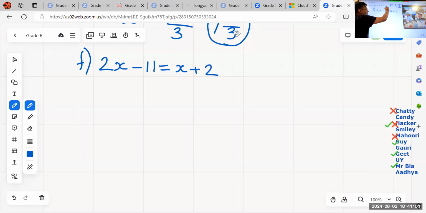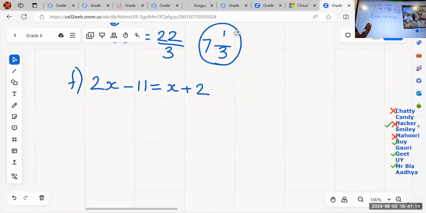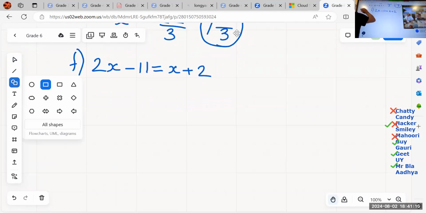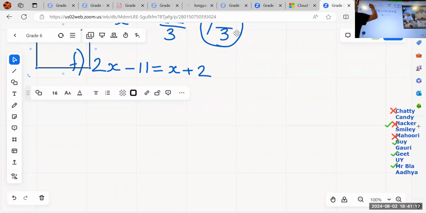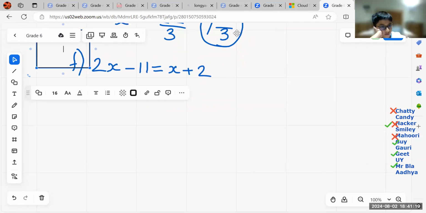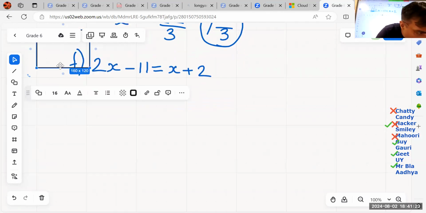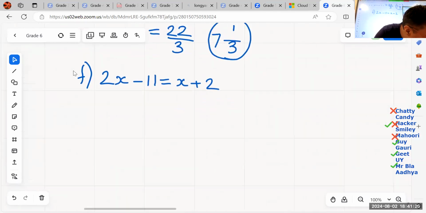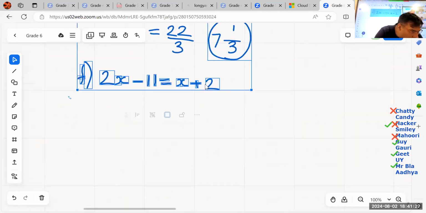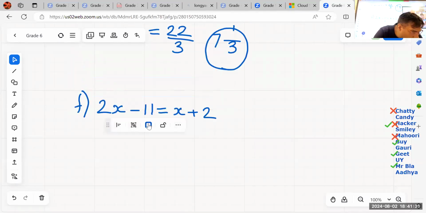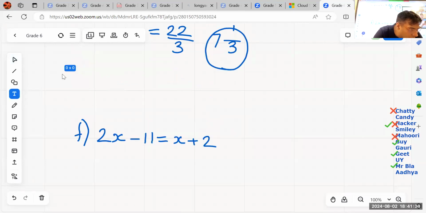First of all, the purpose is to keep all variables on the left side. This is my purpose. Sir, why on the left side? Why not on the right side? Generally, beta, we keep it on the left side. There is no rule, you can keep it on the right side also. But I will keep it on the left side.